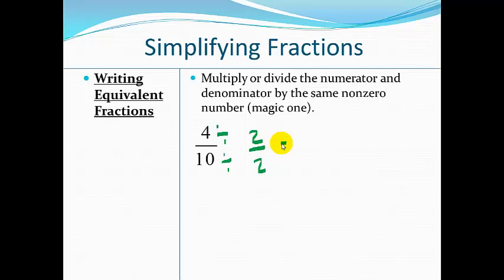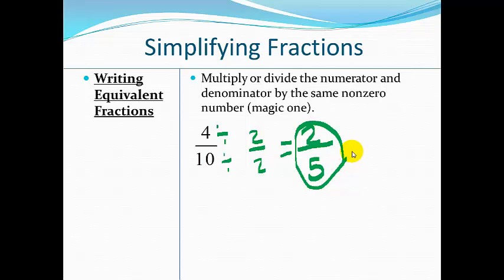When I do that, this is called the magic one because 2 over 2 equals 1. Or it's a copycat because the numerator and the denominator are the same. So 4 divided by 2 is 2, and 10 divided by 2 is 5. So our equivalent fraction here is 2/5.